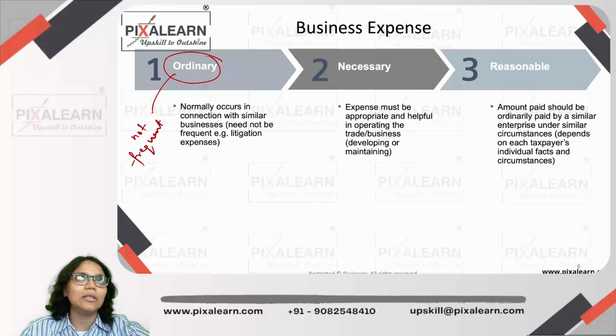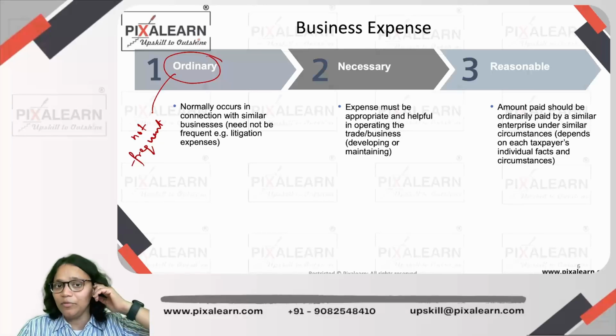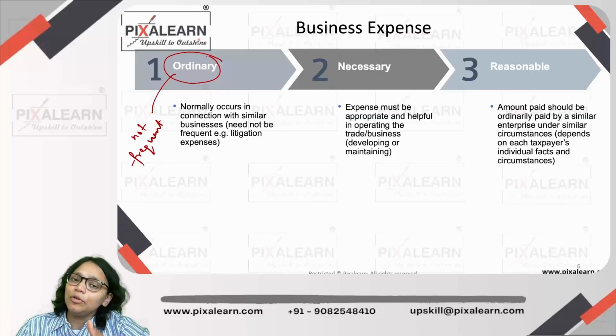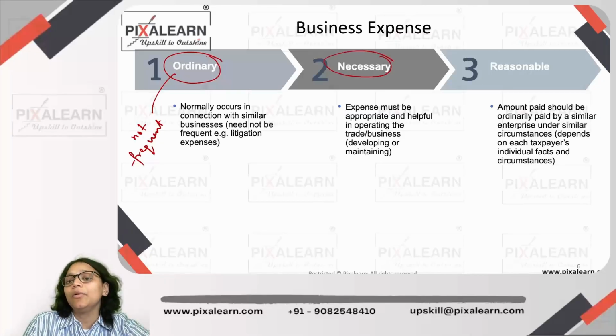It's not relevant that the amount should be something you keep incurring every 15 days or every year. It may be an amount which does not feature so commonly in a company's business, like a lawyer's expenses for defending a case. But still, if you're running a business and you have to spend on legal charges to defend your business, then that's an ordinary expense, which is necessary to carry on the business.